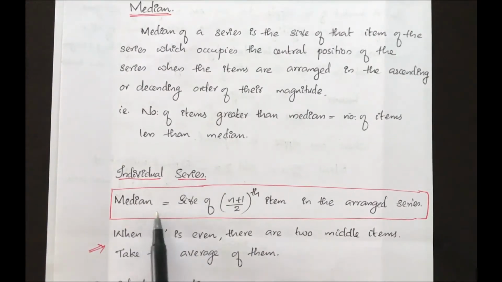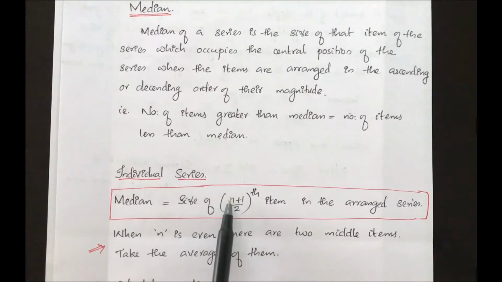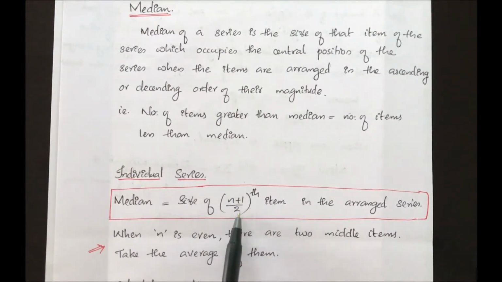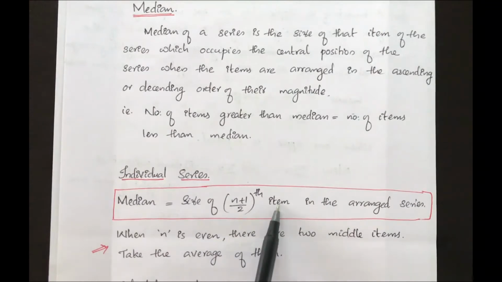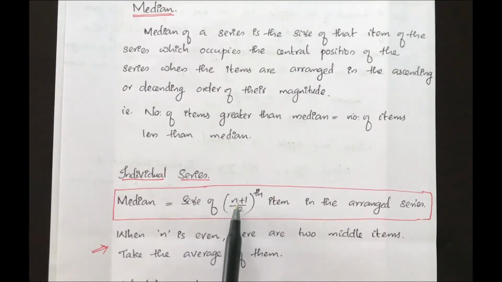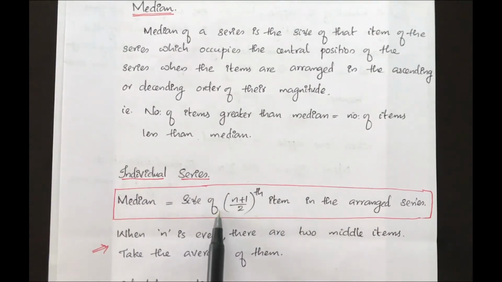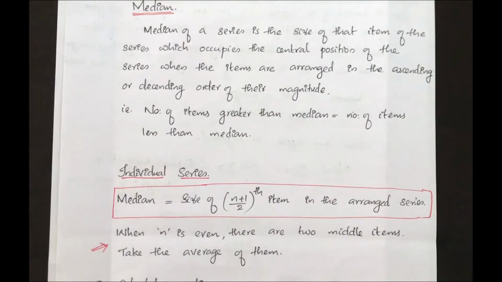If n is 4, 4 plus 1 is 5, 5 by 2 is 2.5, so the second item and third item. There is an item at the second position and an item at the third position. Now there is a position called 2.5, so we need to take the average of the second and third positions.